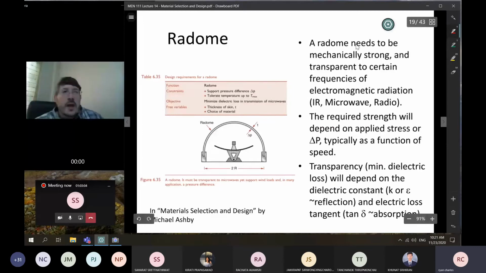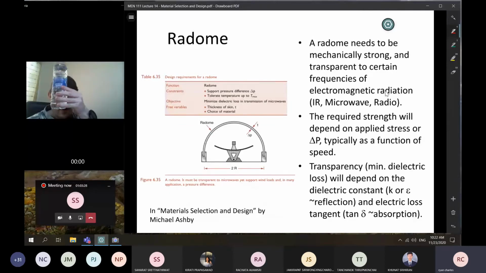So a radome needs to be mechanically strong, all right? It needs to have an aerodynamic design that's separate from this, and it needs to be transparent to certain frequencies of electromagnetic radiation. This isn't visible transparency.